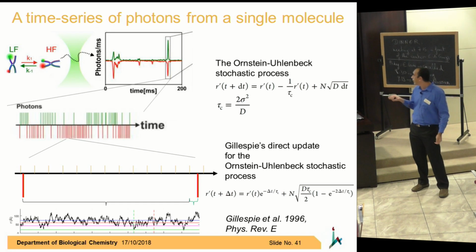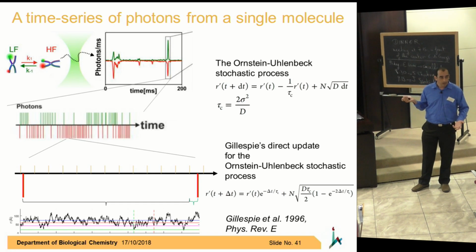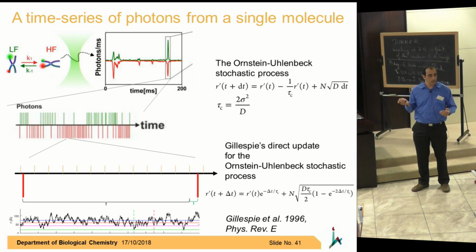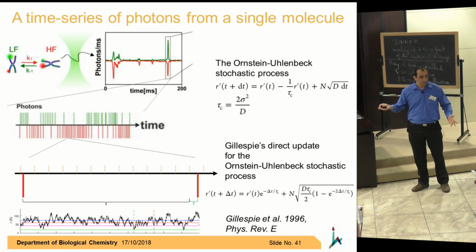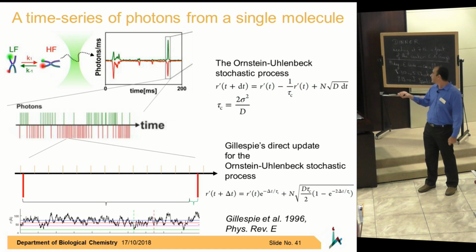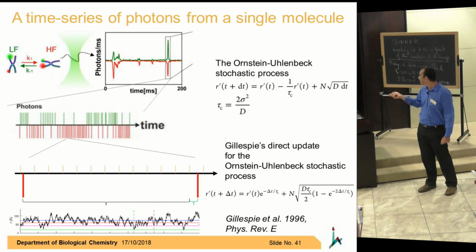But it can be solved if you have a direct update formula where it doesn't matter anymore what delta t you use. You can use as long as you want. You can get, with the noise of the randomness of the Monte Carlo process, a good estimate of the next distance dependent on the diffusion and on the variance, which basically depend on the correlation time.